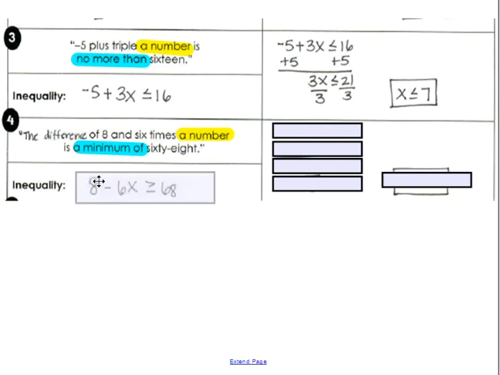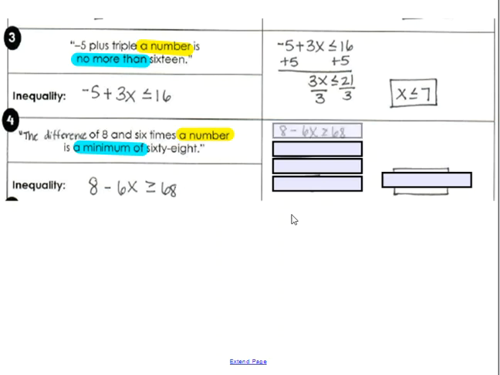So the difference of 8 and 6 times a number is 8 minus 6x. And that will be a minimum of 68. That means it will be at least 68. It could be equal to it, but could also be more than that. So we want the greater than or equal to sign. And there's your 68.